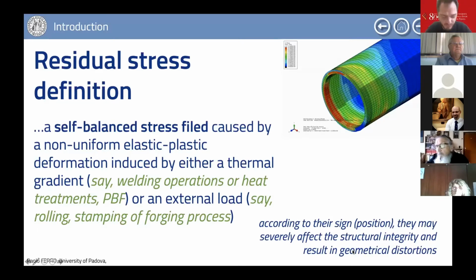So, as I told you before, residual stress may induce detrimental effects, of course, if they are positive tensile stresses near the surface of the component, where the crack starts in most cases in structural components.